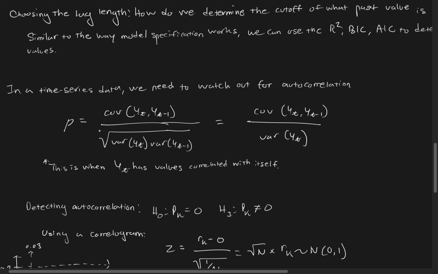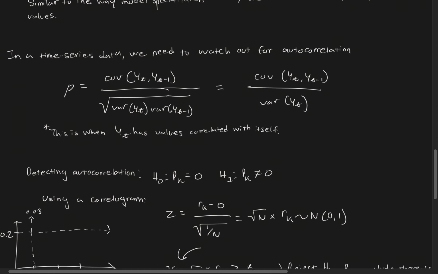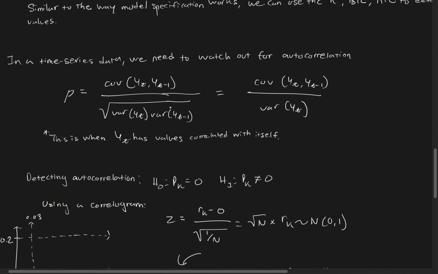So in regular data that are not time based, we discussed heteroscedasticity, right? And similar to that, autocorrelation follows the same properties, where we want our variance to be constant.